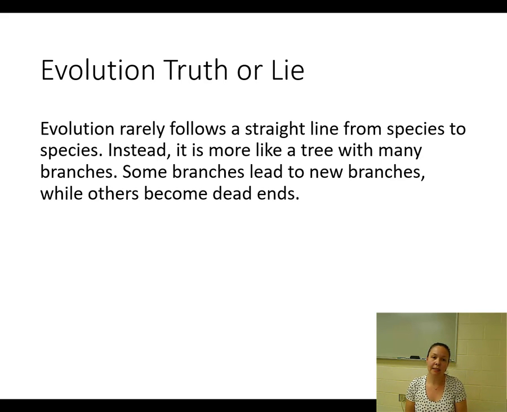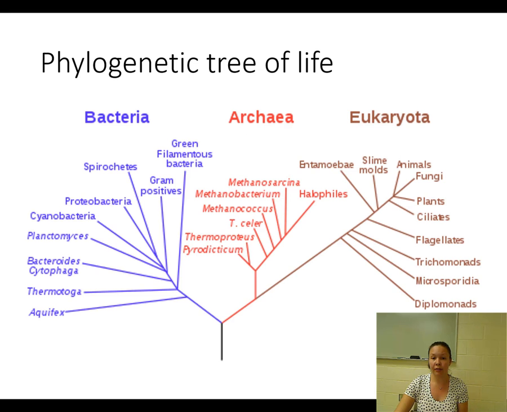Here's another statement. Evolution rarely follows a straight line from species to species. Instead, it is more like a tree with many branches. Some branches lead to new branches while others become dead ends. And that is true. So you can see that actually in the next slide. If you recall, this is the phylogenetic tree of life. And you can see that there are many branch points.